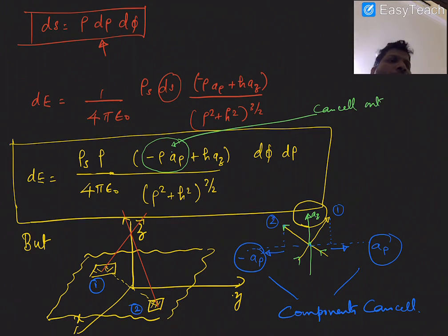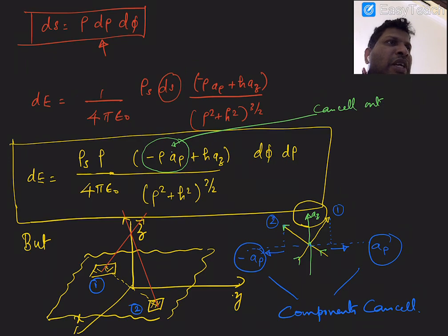So we don't need to do the integration for it. If we want to simplify the integration, we can write the equation like this: this is equal to rho s into rho by 4 pi epsilon 0.